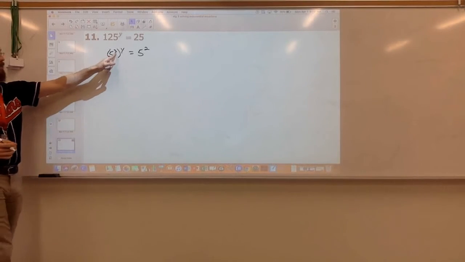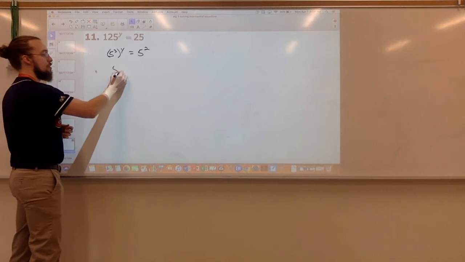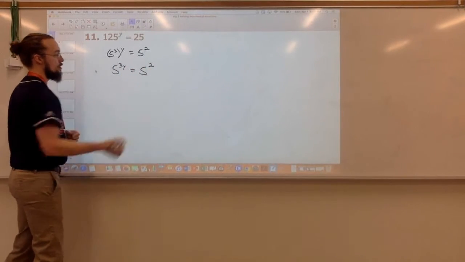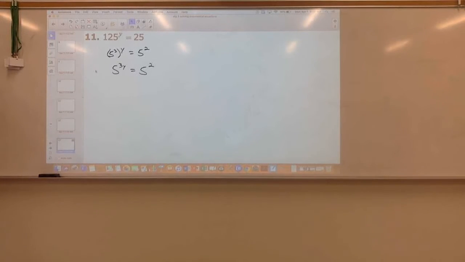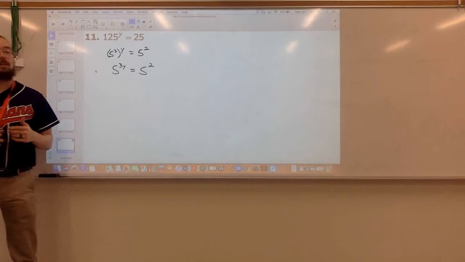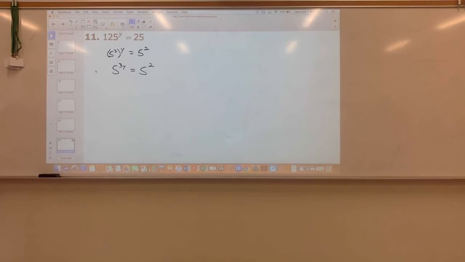Well, I would just multiply those together then and say this is 5 to the 3y power equals 5 to the second power. Okay, so this is probably the most challenging of these types of equations, where we have to rewrite both sides. We have to recognize what base we can use on both sides of the equation here.